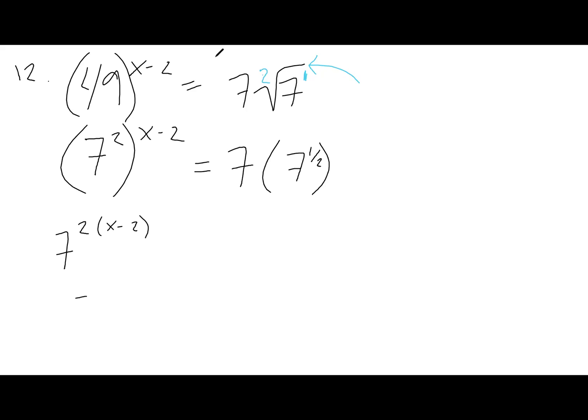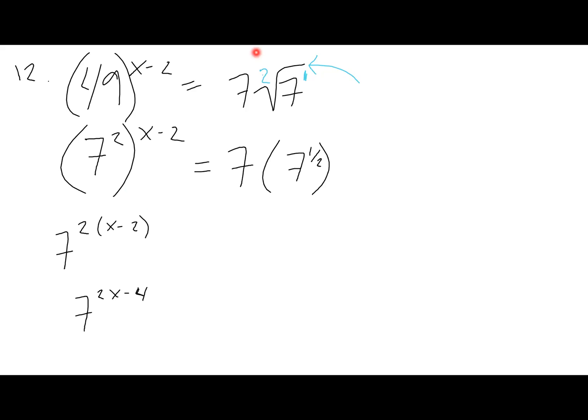So that would be 7 to the 2x minus 2. You can leave it as 7 times 2x. Oh, that's not right. 2x minus 4. Sorry. Distribute. So you can leave it in this form until the very end, but eventually we're going to have to distribute.